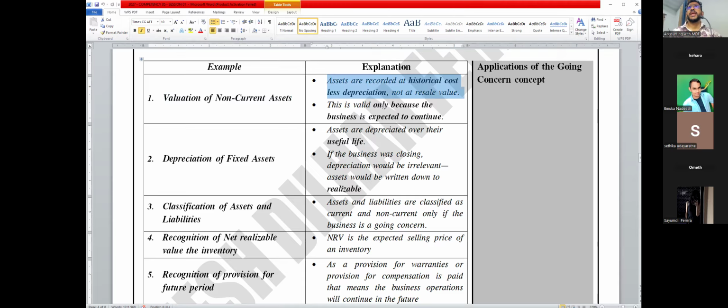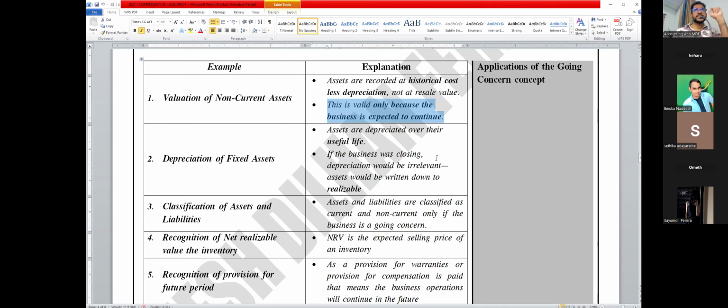This is valid only because the business is expected to continue. Assets are recorded at cost and required to be depreciated because they are expected to be used for more than one accounting period in the future. That means the business is a going concern.